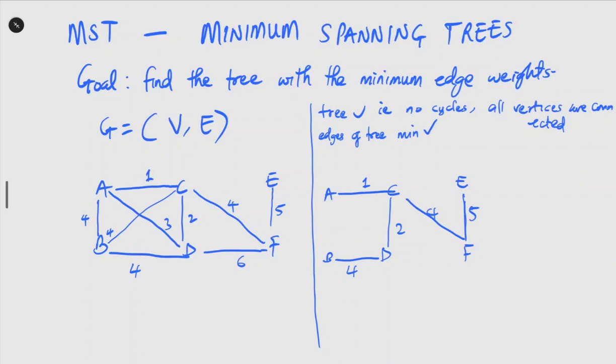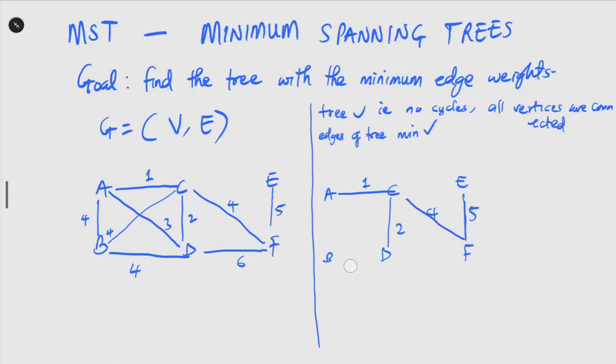This is a minimum spanning tree. The total weight of all the edges would be 1 plus 4 plus 2 plus 4 plus 5, which would be 16. Right.